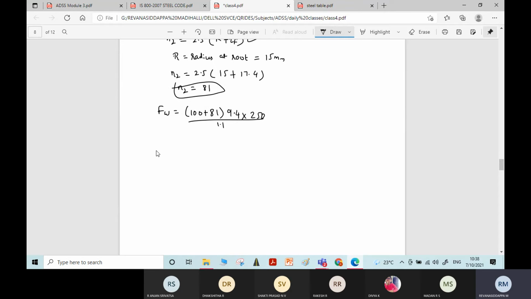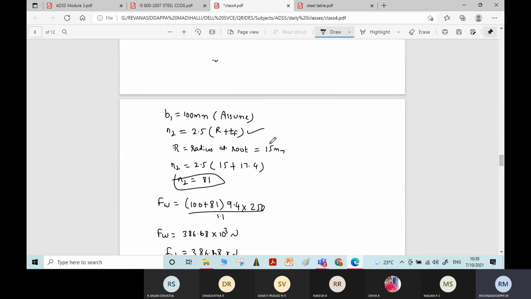What is the answer? 386.68 into 10 power 3 Newton. Therefore, Fw is equal to 386.68 kilonewton. This we need to compare with the shear force that is acting on the section.